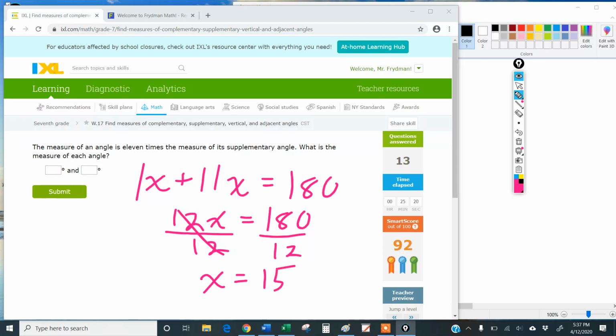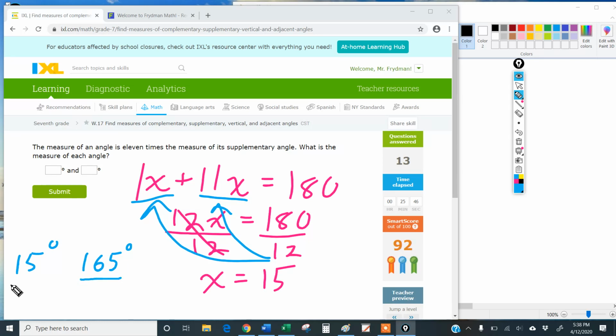So one of my angles must be 1 times x, or 1 times 15, so that's just 15. And the other angle, I'm going to get 11 times 15, which is 165. So I met the first criteria.